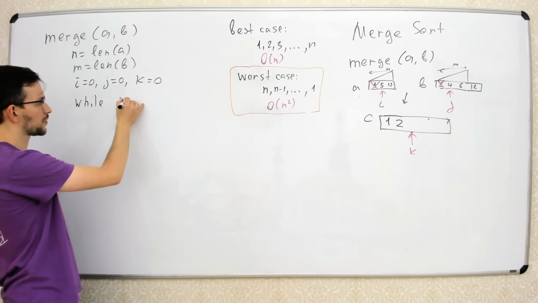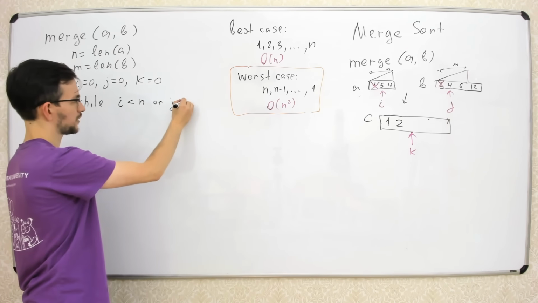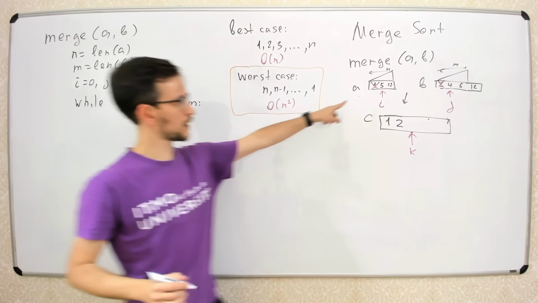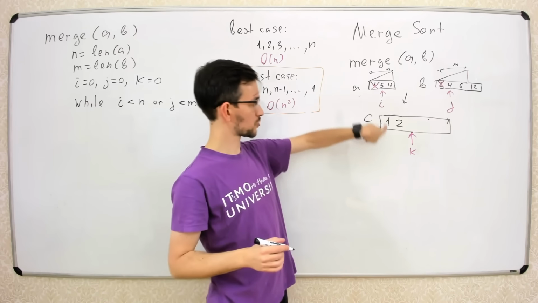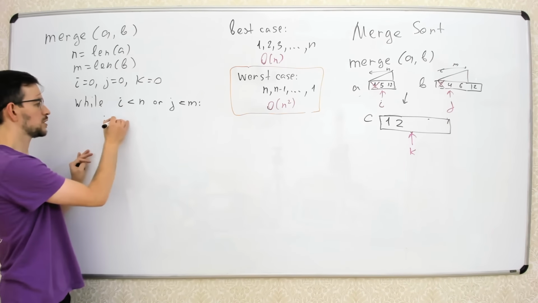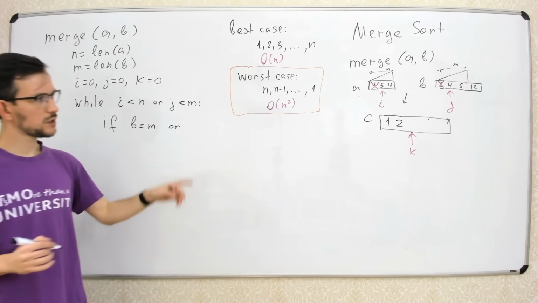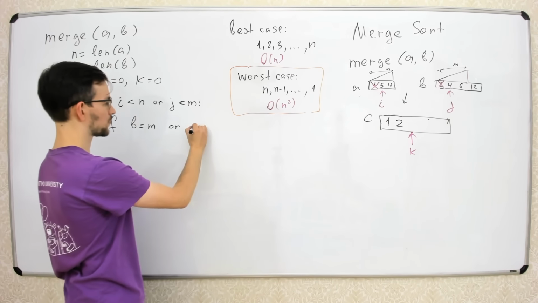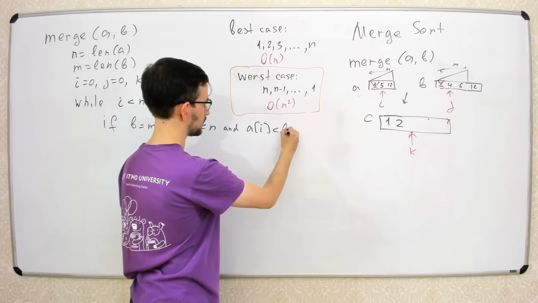While i is less than n or j is less than m, while either array still has elements, I will put one element from an array into C. When I need to move an element from the first array: I move an element if the second array is empty, so if j is equal to m, or if the first element is less than the second element, so if i is less than n and a[i] is less than b[j].